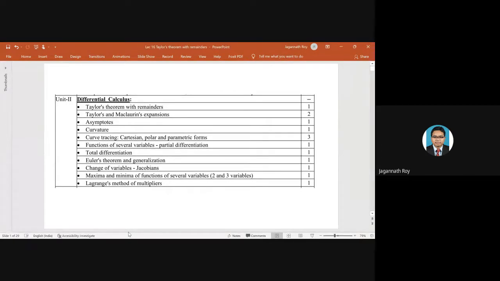Okay, these topics are very important for your engineering courses. Maybe if you study numerical solution of differential equations, for example, this Taylor's theorem, these concepts will be useful.